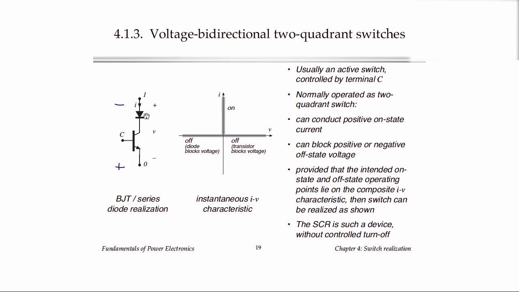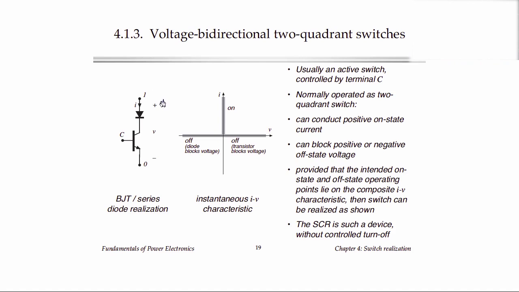However, the diode in series will be reverse biased when the voltage is in this direction, and so the diode will turn off. And even if the transistor breaks down from having too much voltage across it, the diode will still be off, and it will prevent any current from flowing. So effectively, the diode performs the function of blocking the voltage when the voltage is in this polarity.